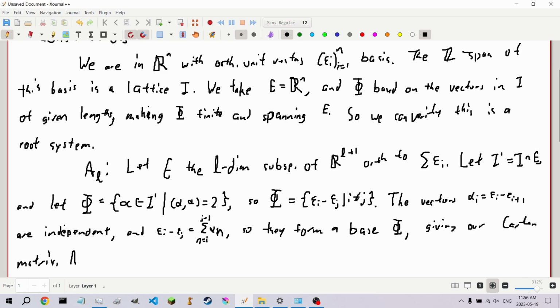And also we notice that reflection across alpha i permutes the indices i and i plus 1 and leaves all others fixed.